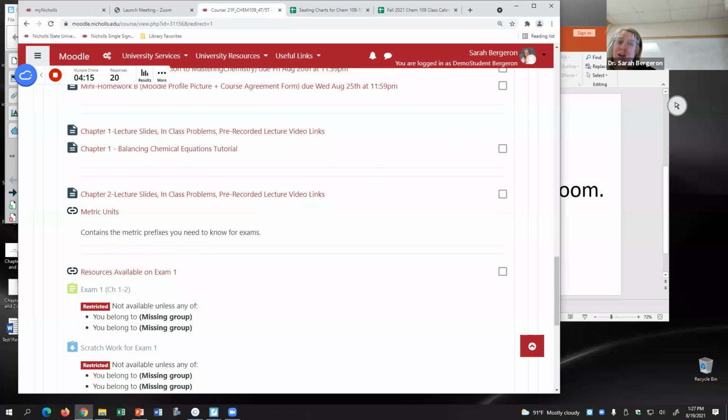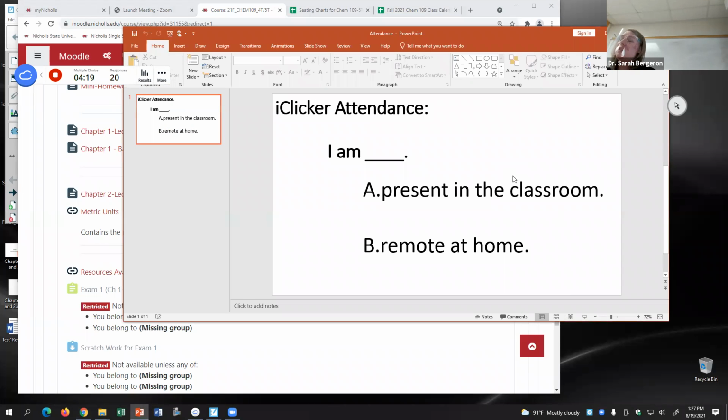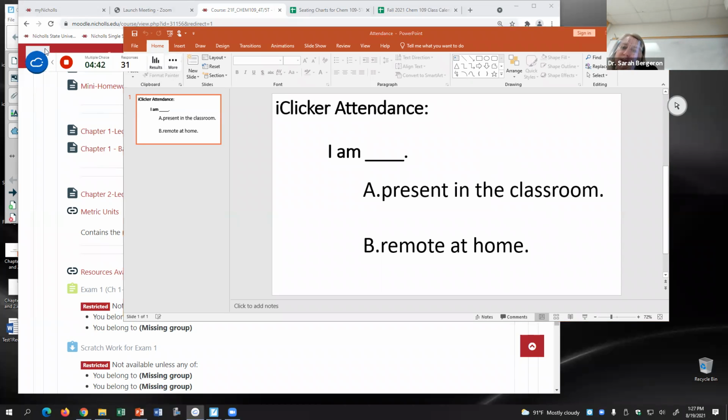Okay. And I started the iClicker with this attendance question. I think we have more than 31 people in class, so everybody double check that you are in the 5T section on iClicker.